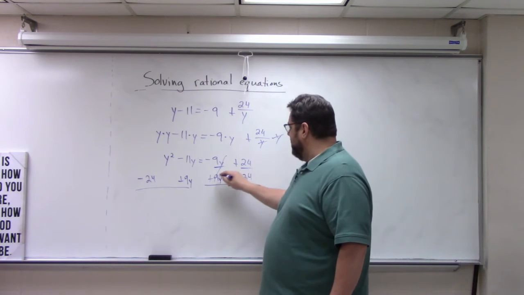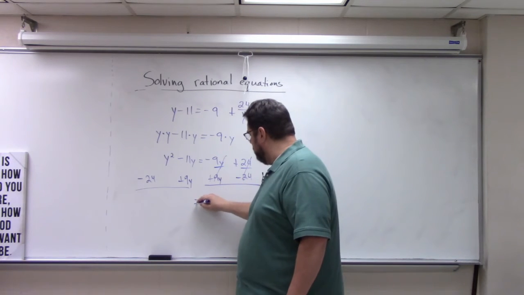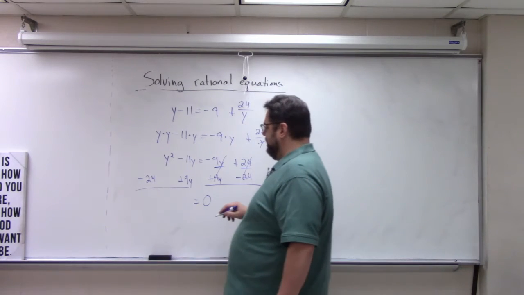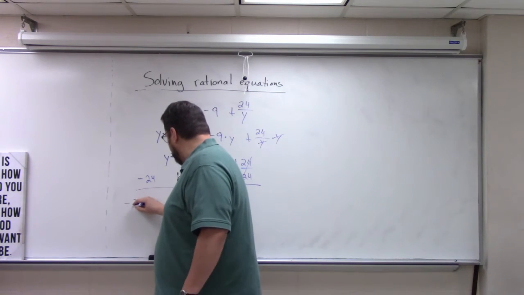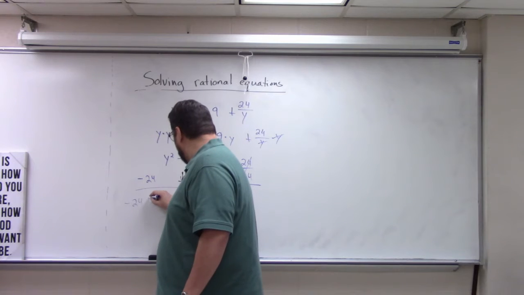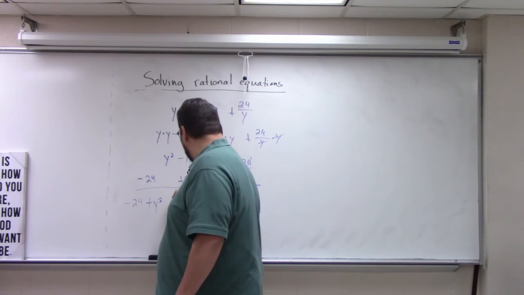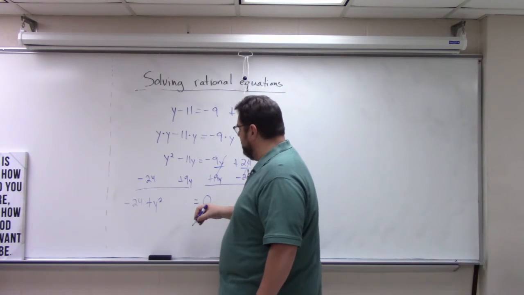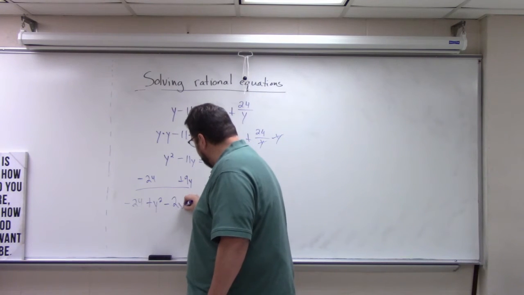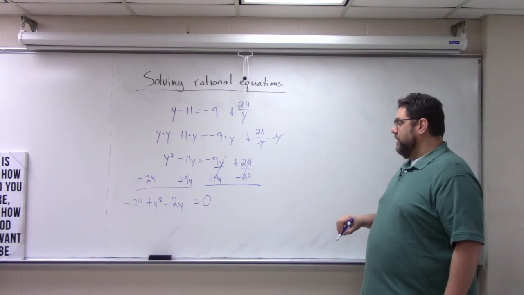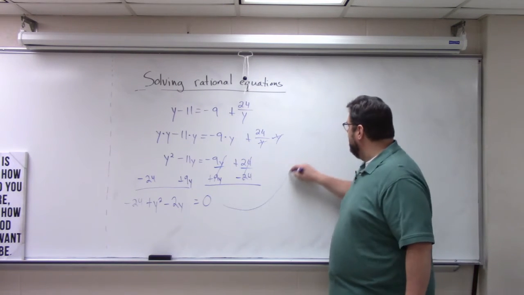All right, so these cancel out, and I get 0. Minus 24 plus y squared. And then minus 11 plus 9, that's going to be minus 2y. Okay, everything's on one side.